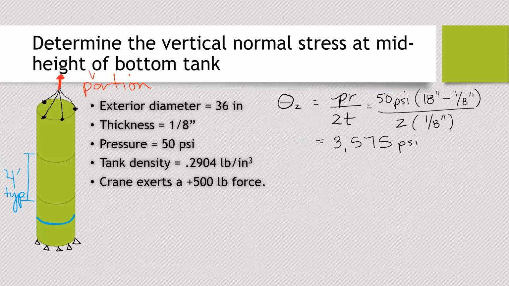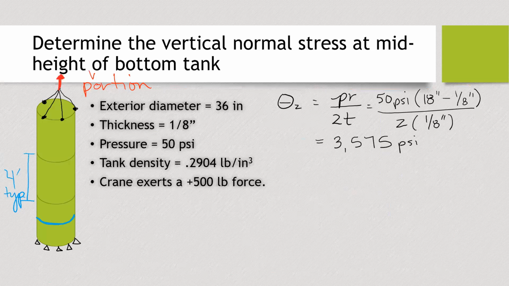The weight. So the tank itself, from its own self-weight, is going to put the tank into compression. You see that? It has to support itself. So we have the density, but we're going to need to figure out the volume of the tank above that point.